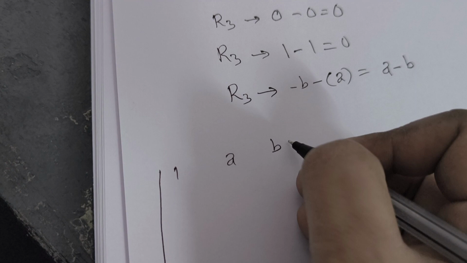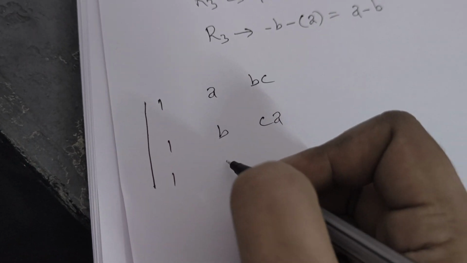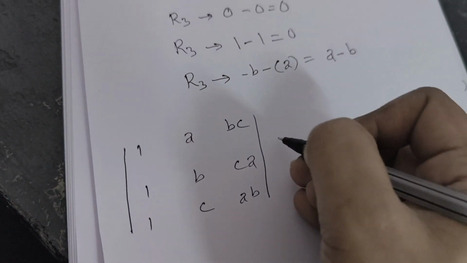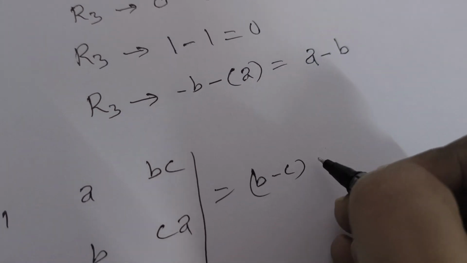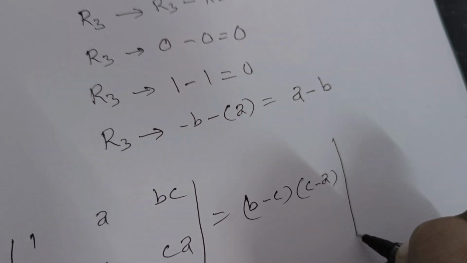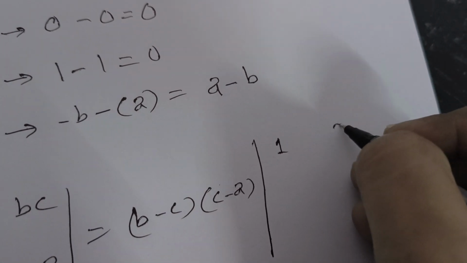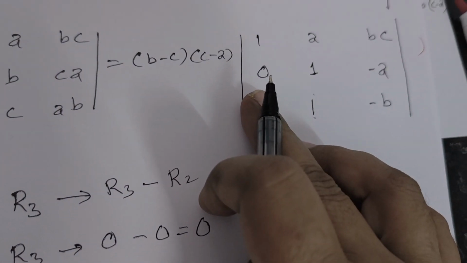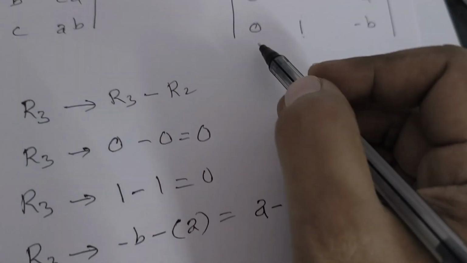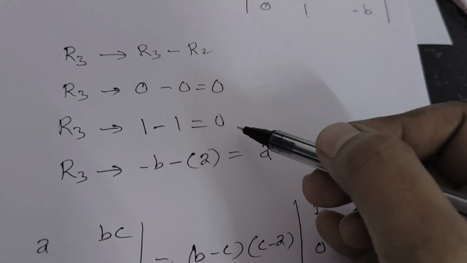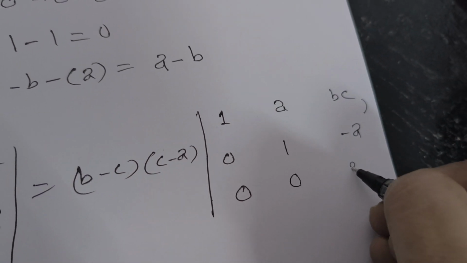So 1 a bc, 1 b ca, 1 c ab is equal to b minus c, c minus a, times the determinant with first row 1 a bc, second row 0 1 minus a, and third row 0 0 a minus b.